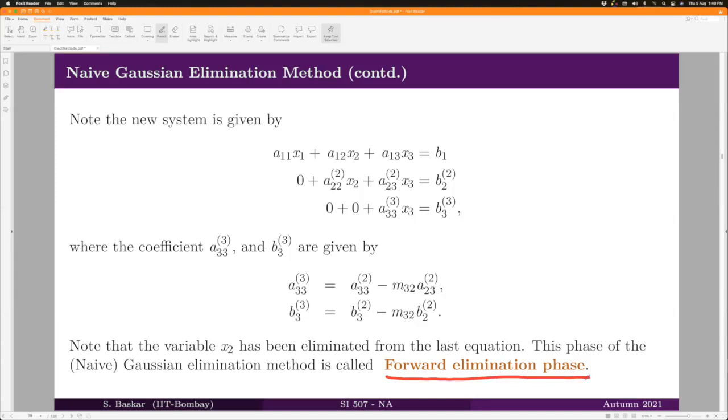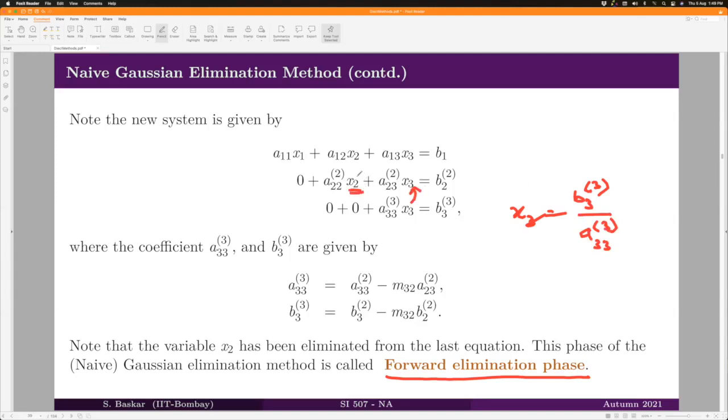Now we go to do the backward substitution, where you will have x3 equal to b33 divided by a33. Once you get x3, you substitute it here to get x2.